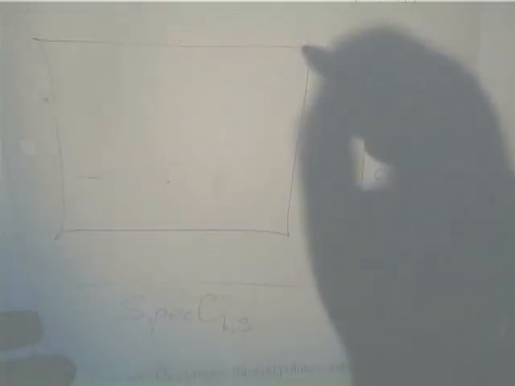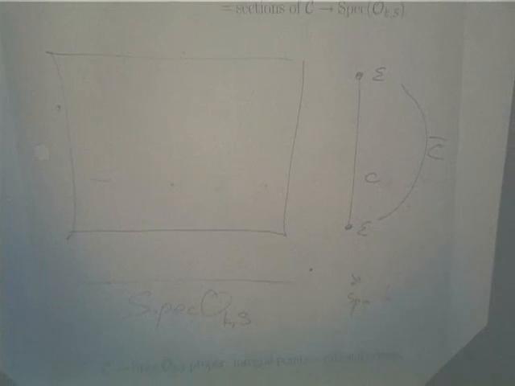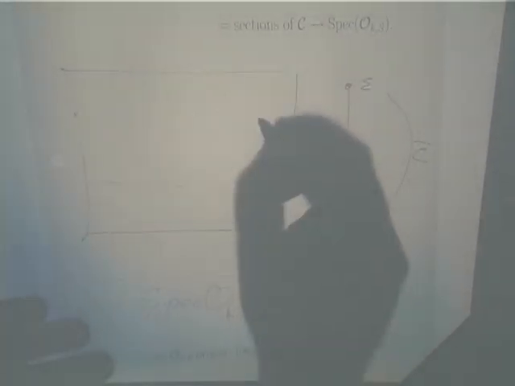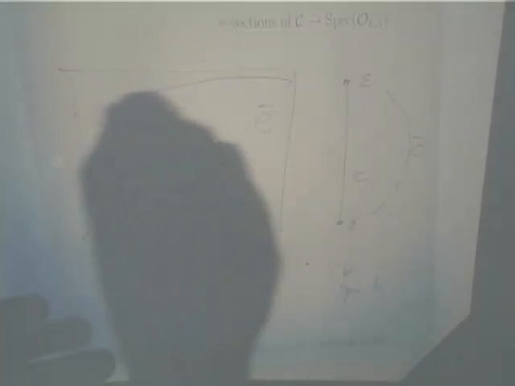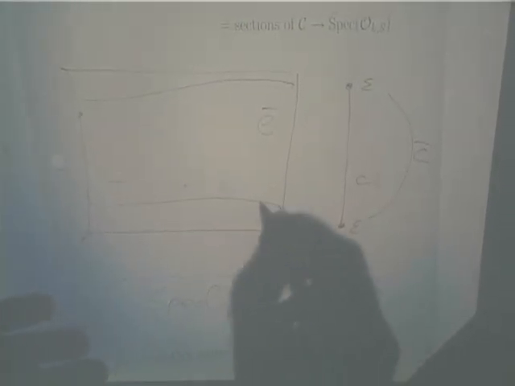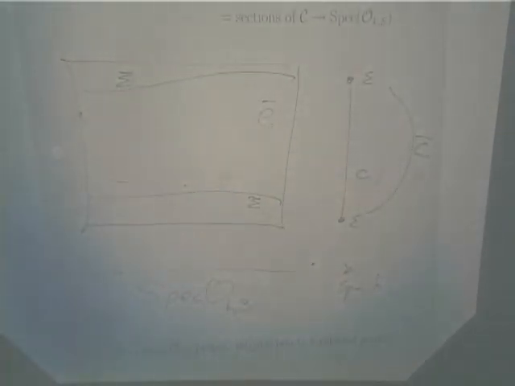And so I take a scheme which spreads out. I just take the equations, if you wish, of C bar and take those equations over O_{K,S}. That gives me a scheme over O_{K,S}, and that I will call C bar. And here are the points of sigma, which I'll call sigma bar.